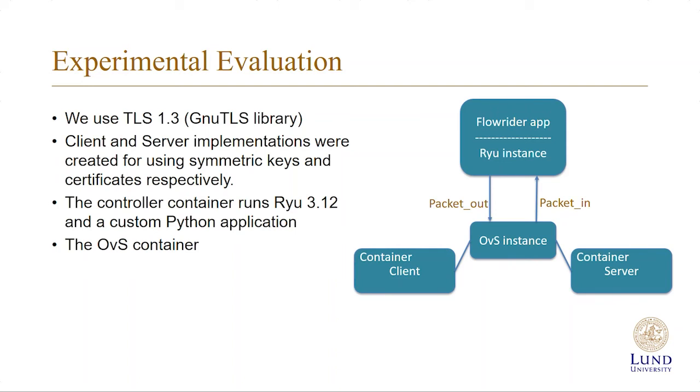We have another container, the controller container, that runs Ryu instance version 3.12, and the custom Python application, which was the Flowrider application that defines packet to be matched and subsequently generates and delivers keys to the endpoints. And we have also the OVS container, an instance of Open vSwitch that routes packets between endpoints and forwards predefined packet types to the controller.